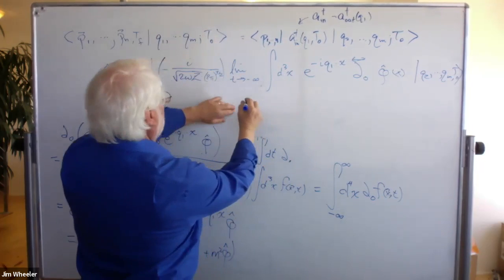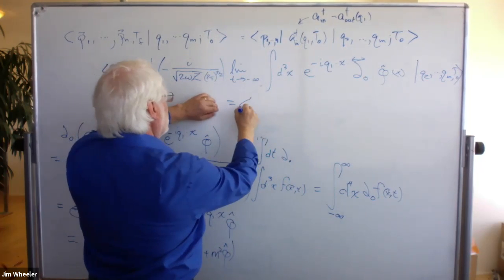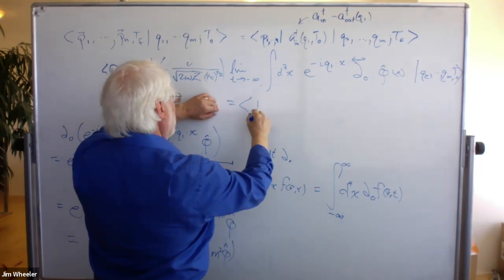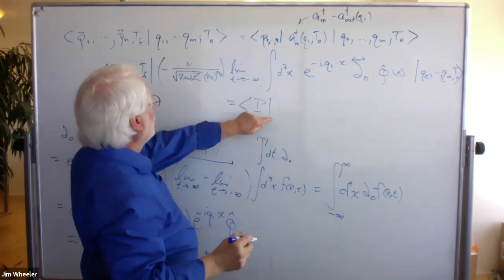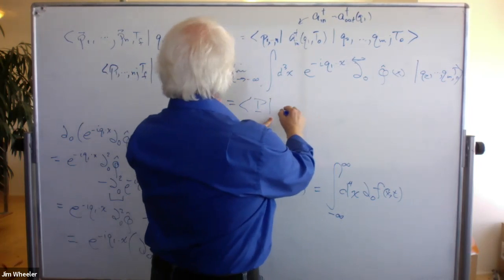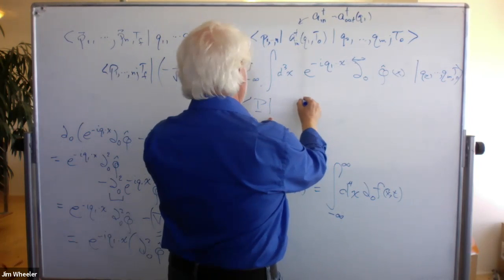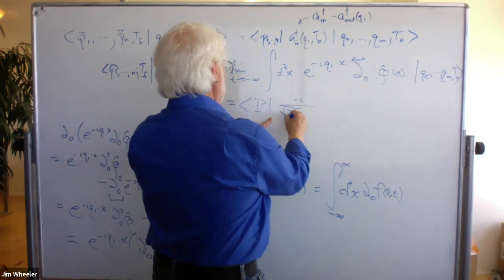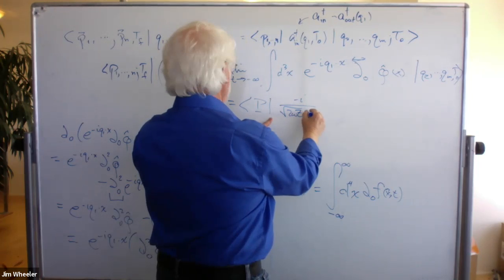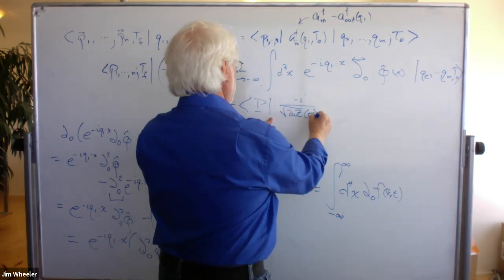So all of this is going to become, I'll just write the P here for that final state. Then we have all these coefficients, minus i over a bunch of 2 omega z, 2 pi to the 3/2.